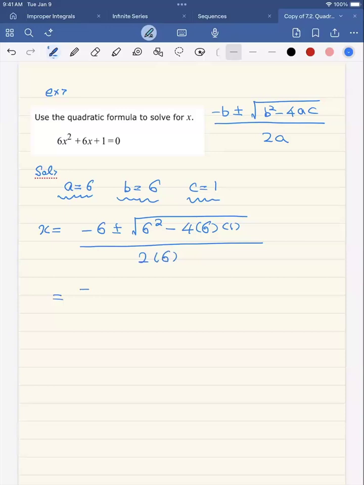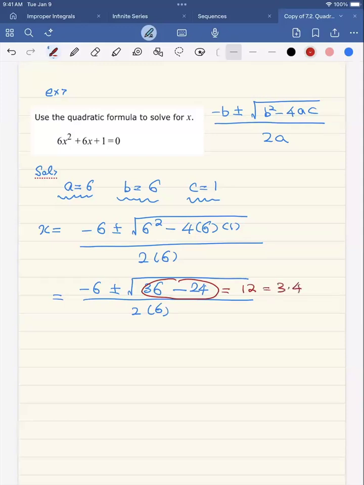So that equals minus 6 plus or minus square root of 36 minus 24 over 2 times 6. 36 minus 24 equals 12. 12 is 3 times 4.